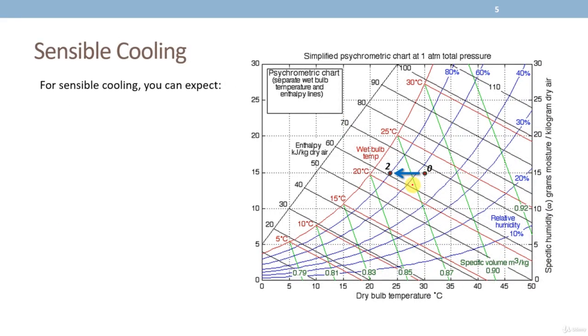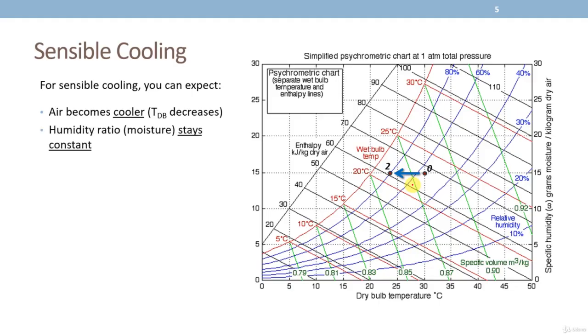So for sensible cooling, all the effects will be opposite. I will go through a bit quickly. The air will become colder because dry bulb temperature decreases. Humidity ratio will stay constant as well, because it's still on the same horizontal line.